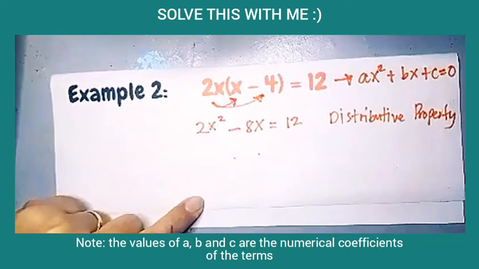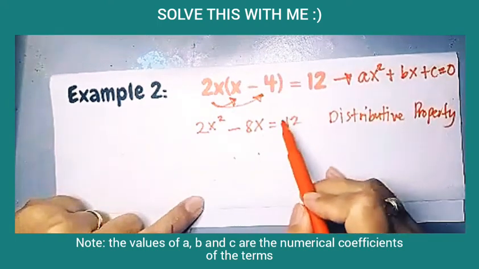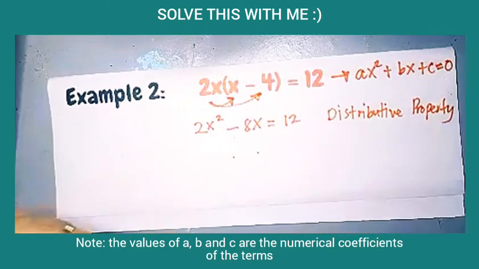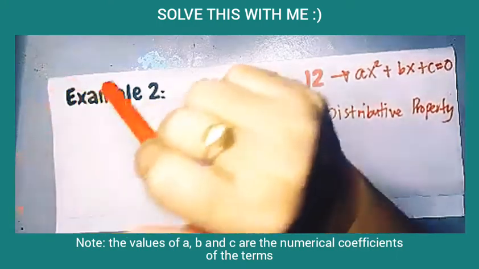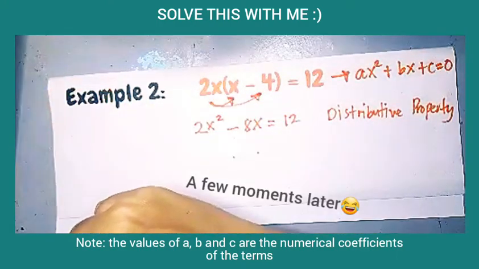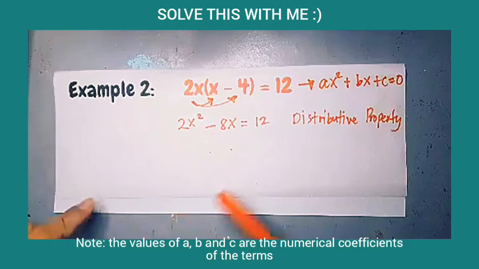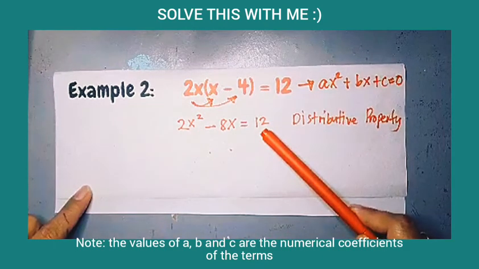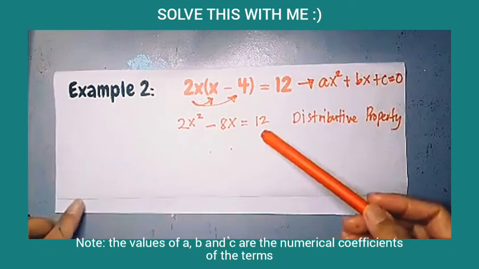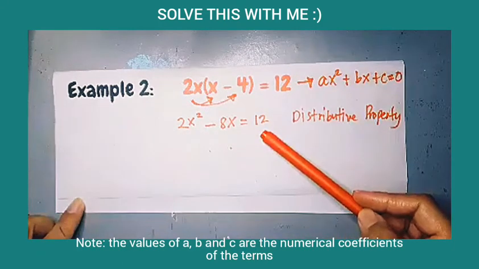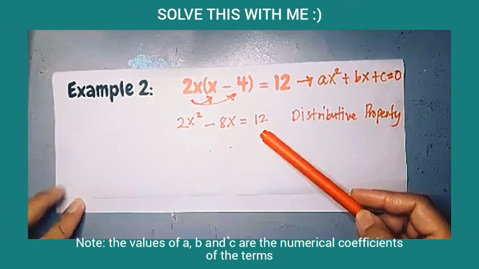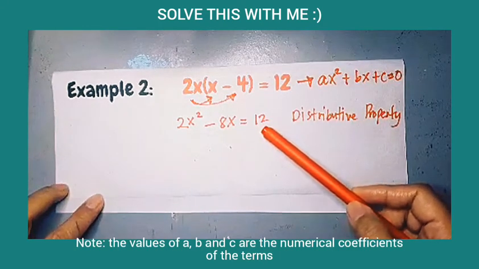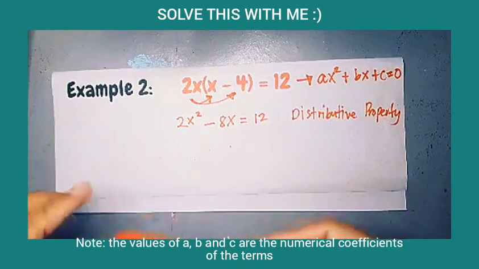The next step is we need to make this 12 equals to 0. So we can only do that by applying the subtraction property. So we will subtract 12 on both sides of the equation.